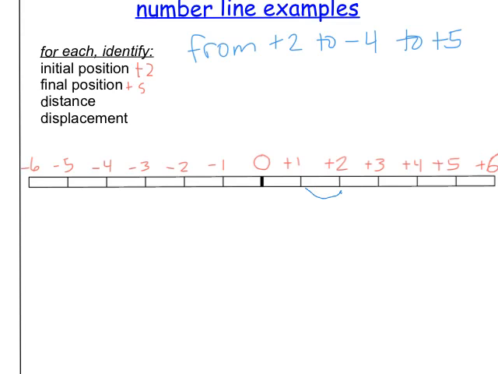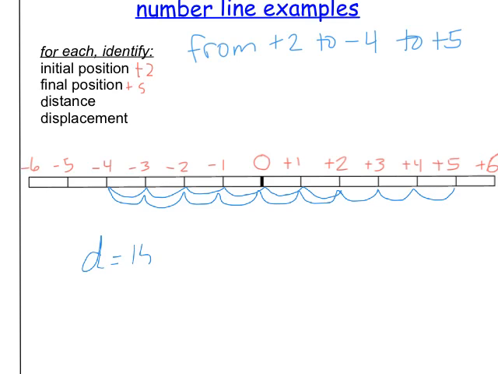We took 1, 2, 3, 4, 5, 6 steps, and then because distance is a scalar and the direction does not matter, we're going to continue counting to the next place that the person walked. 7, 8, 9, 10, 11, 12, 13, 14, 15. So we would have a distance of 15.